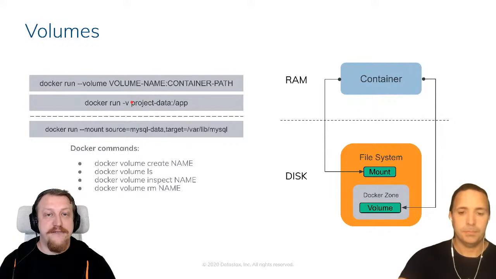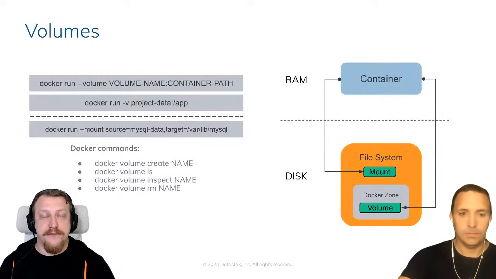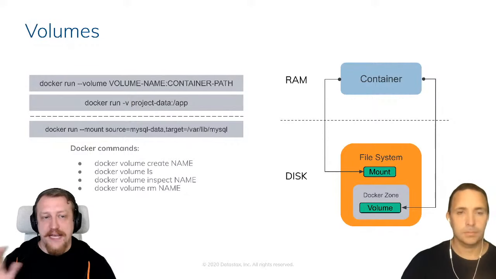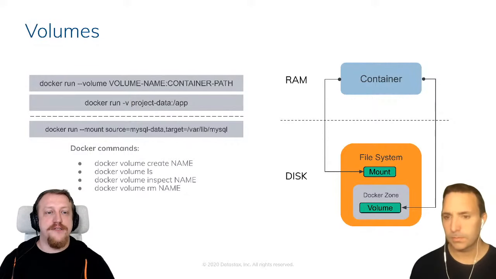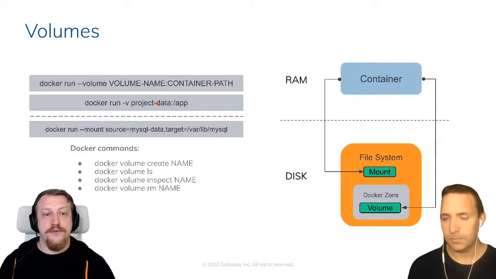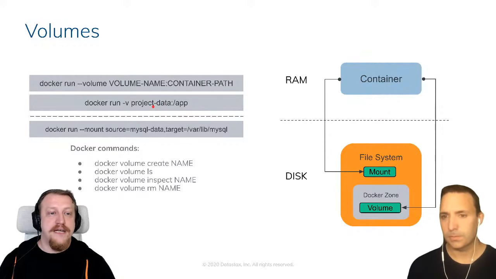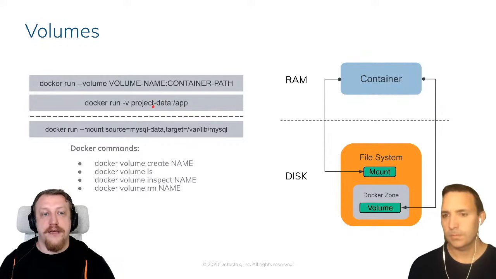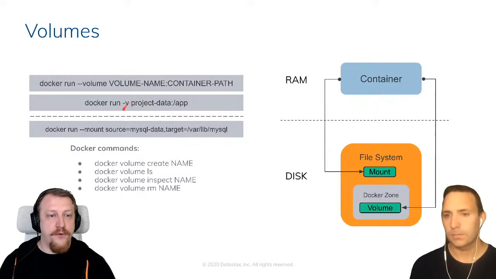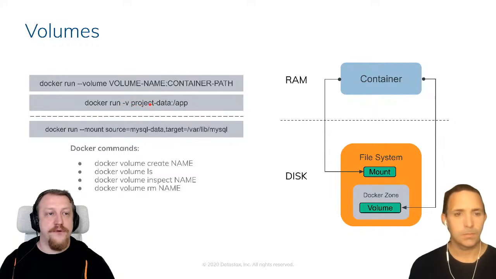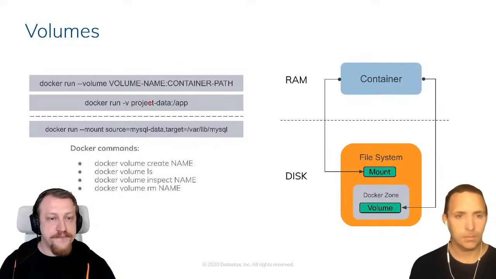And that's exactly the mistake that happens when you are trying to mount a relative path. So ./project-data will be interpreted as a volume name, and it will not work because you cannot use slash and dot in the volume name. You always have to use the full path if you want to work with bind mounts.